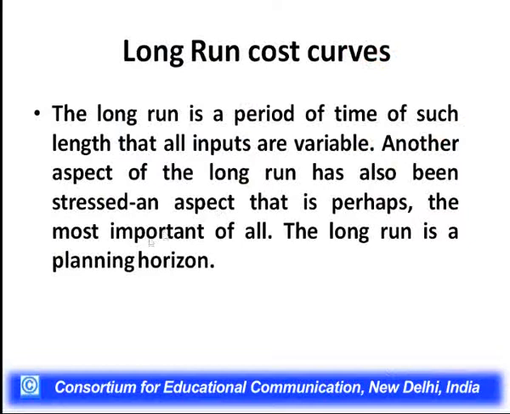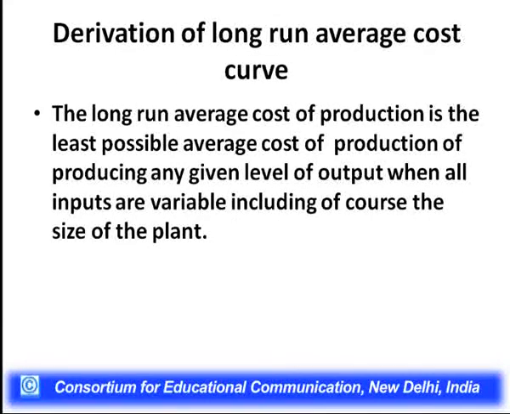In the long run, what you see is that the most important of all, long run is a planning horizon. In the long run, you can go in for any size of the plant which will give you the lowest per unit cost of production. And different sizes of the plants are available.